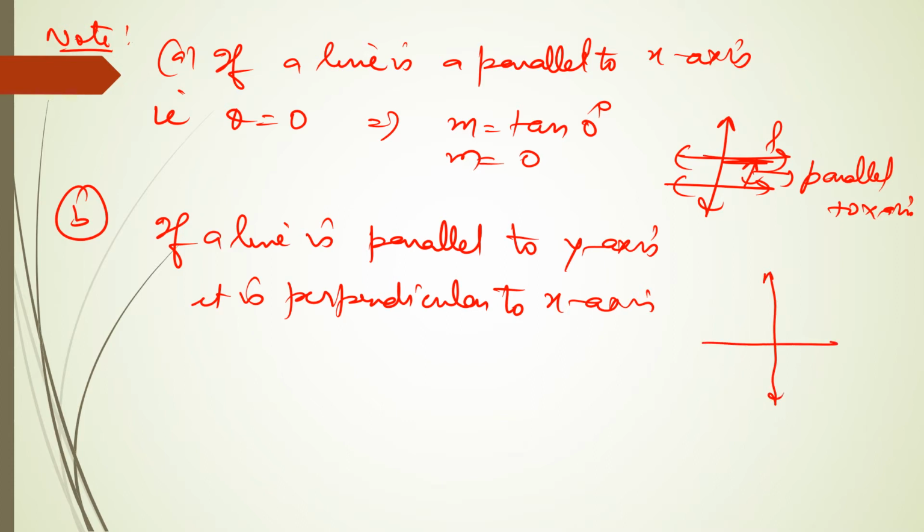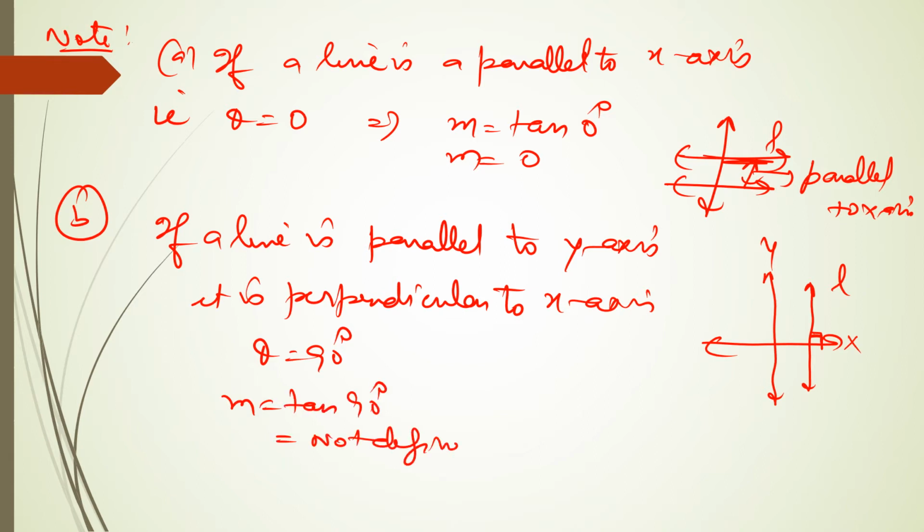This is our x-axis and this is the line which is parallel to the y-axis and perpendicular to the x-axis. In that case theta is equal to 90. It means m is equal to tan 90, and tan 90 is not defined. So in that case our slope will be not defined.